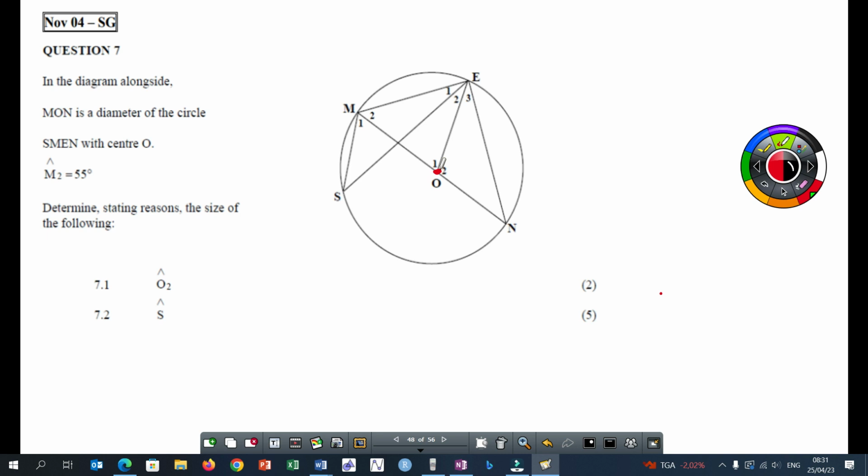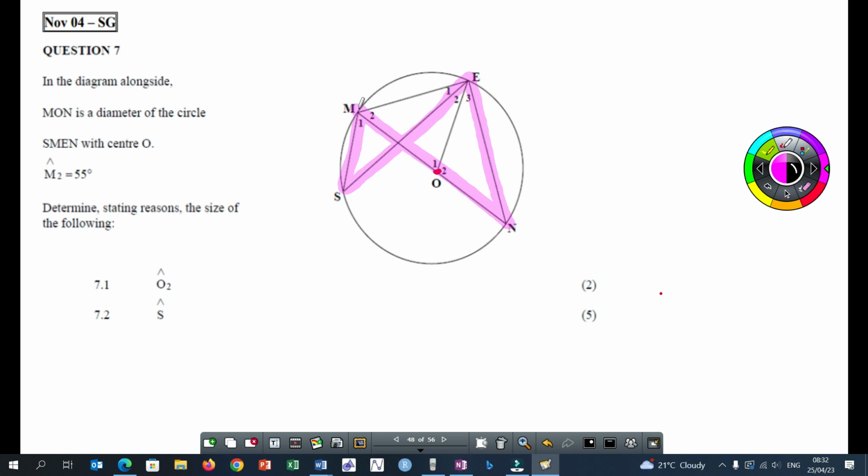So we have got a center here. Then you also check, is there a butterfly? It is there. So we have got our butterfly here, which means I have to apply theorem 4. Also, we have a diameter, MN, which means I have to apply theorem 3.